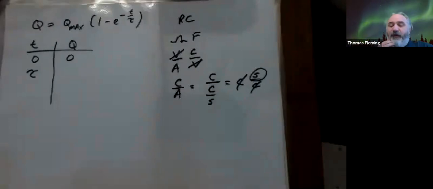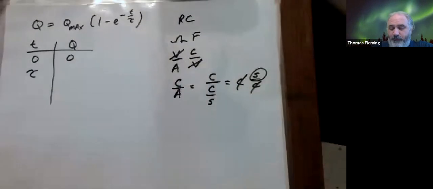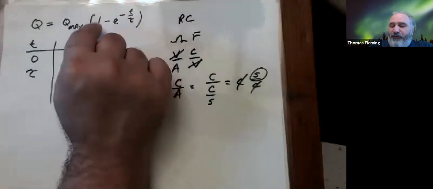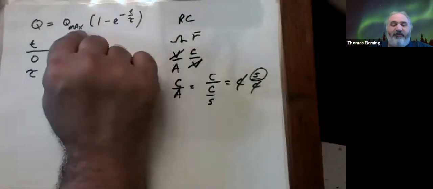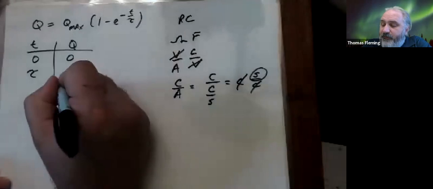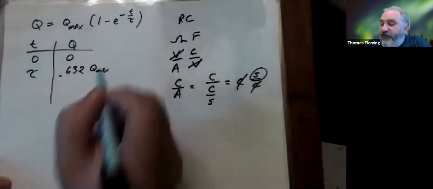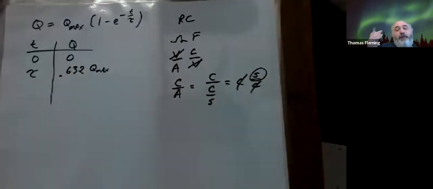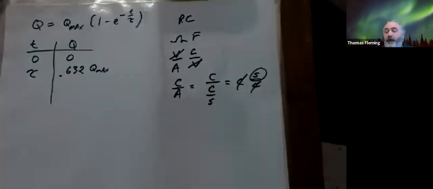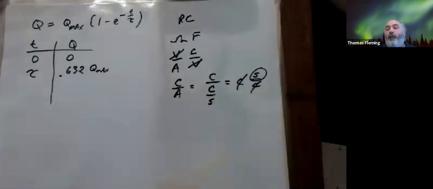So e to the minus 1 power is about 0.367. So this thing in parentheses is going to be 1 minus 0.367. That means this fraction is going to be 0.632 times Q max. So what that means is that if I wait 1 time constant, that'll be 0.632 times whatever Q max is. Notice it doesn't matter how big Q max is. And one way to interpret that 0.632 is it's a fraction, it's a decimal, it's a percentage, right? After 1 time constant, I'm going to be 63.2% of the way to full charge.